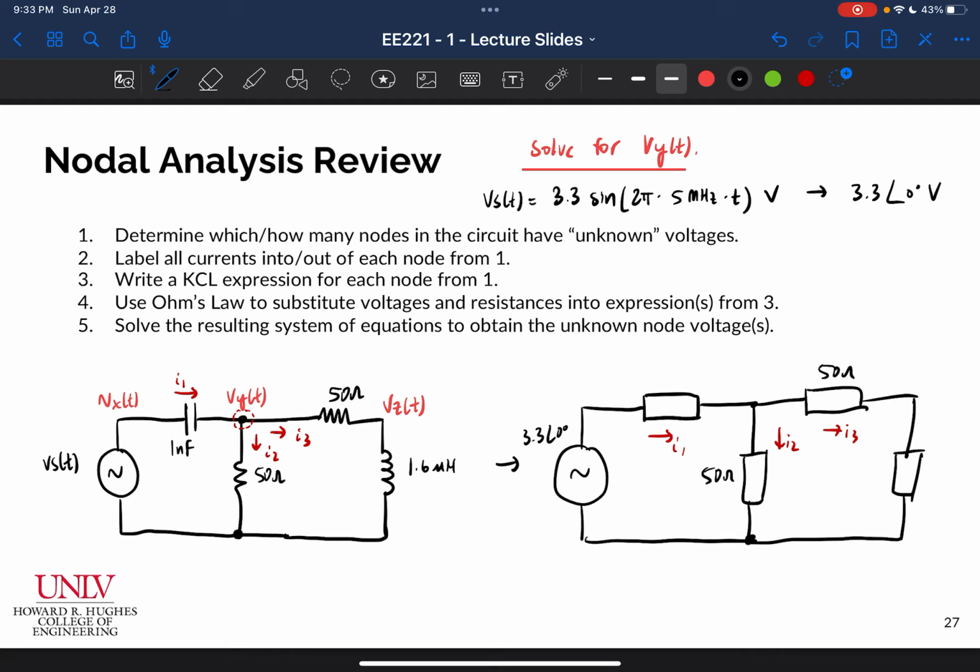For the inductor first, which is pretty easy, the impedance is j omega L, which I'm going to find right now using my calculator. Oh, sorry, I have an error in my calculator.